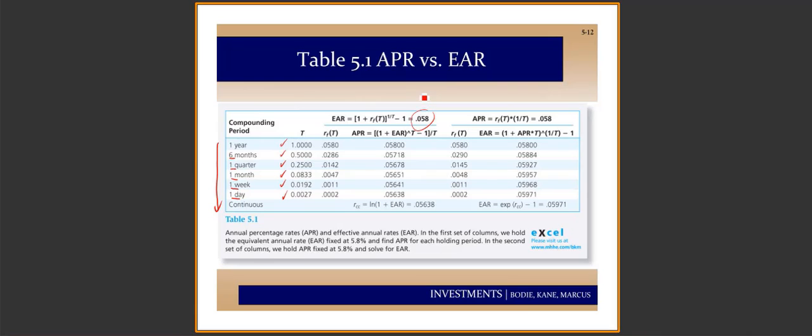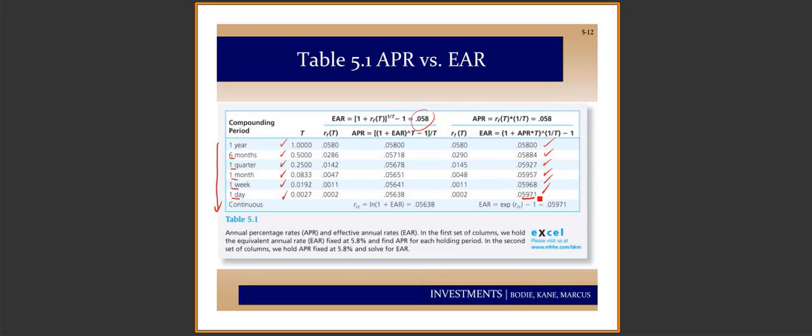And so what we see, though, is the effective annual rate, right, of 5.8%: 5.8% compounded annually is 5.8. 5.8% compounded semi-annually, actually the effective annual rate is higher. It's 5.884. And remember, that's because you're earning interest on the interest. The more times per year that you have compounding, the more number of periods in which there are for compounding, whether from quarterly to monthly to weekly, we're compounding more times per year.